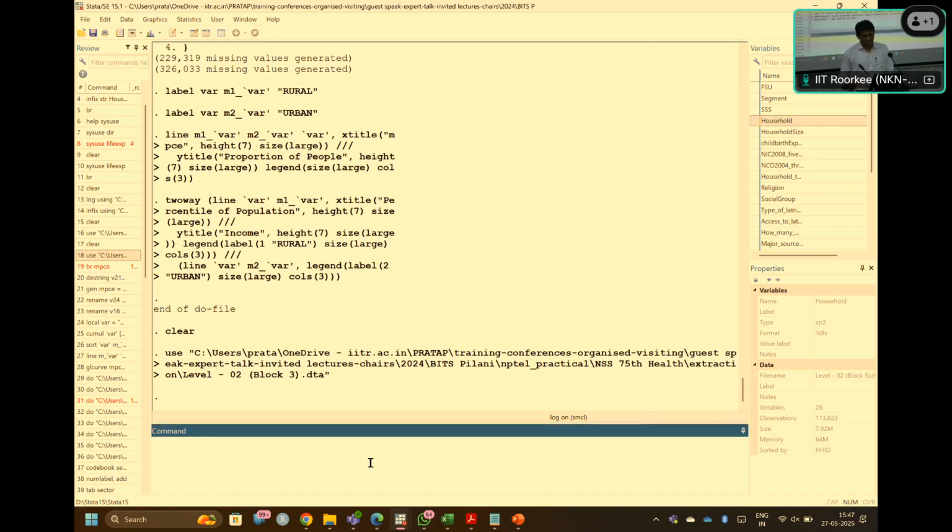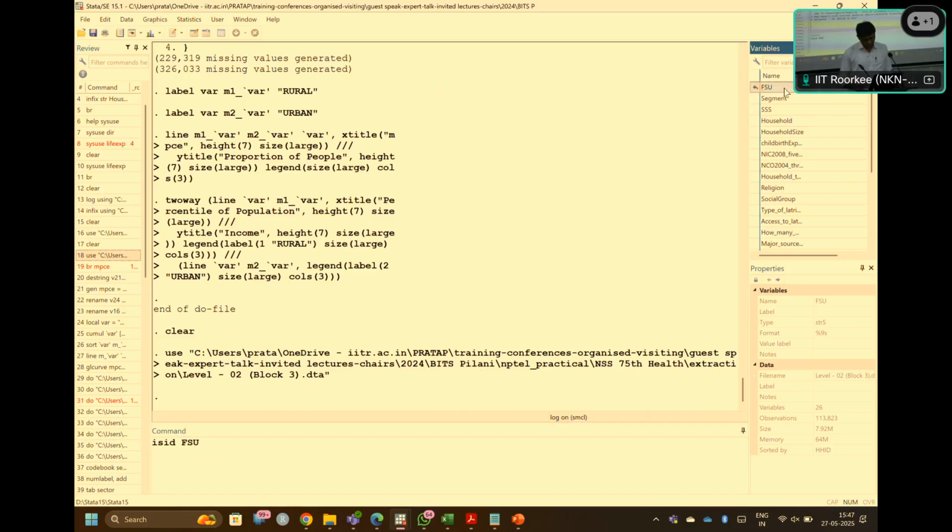To check whether those together are carrying the value as a variable uniquely identified or not, the fast call is that we usually operate through isid as the command. So isid, if you just click on the variables, it will say that yes.